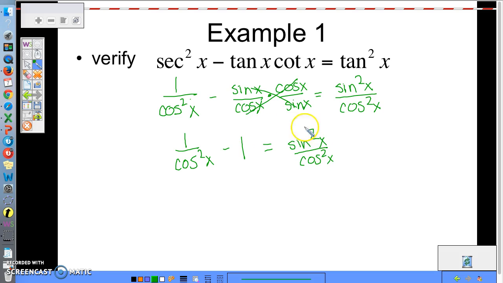Well, I notice there's a single fraction here and we have two terms. So let's make over here a single fraction. So if we rewrite 1, this one is 1 over the cosine squared of x. 1 is really, we could have a common denominator of the cosine squared of x. That's equal to 1.